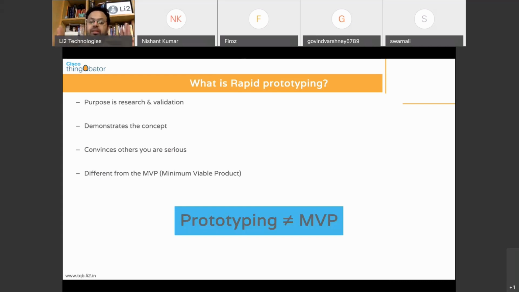Okay, so let me just make it very clear. A prototype is a process. It's a structure to validate a certain assumption on functionality or certain hypothesis. Now, MVP is a minimum viable solution, or a product, where people are willing to pay money.